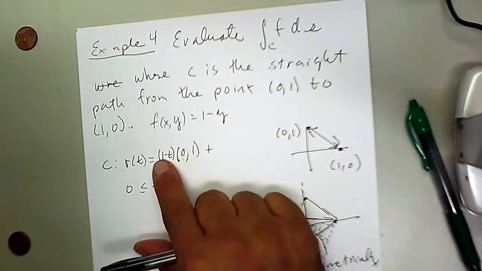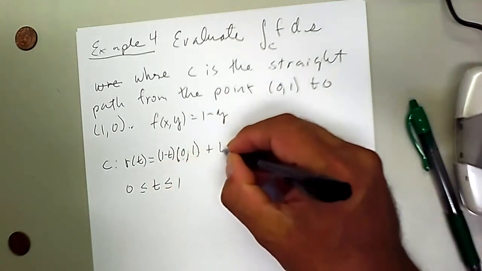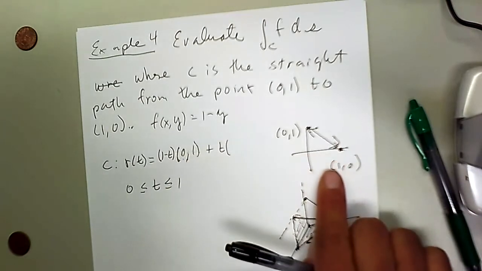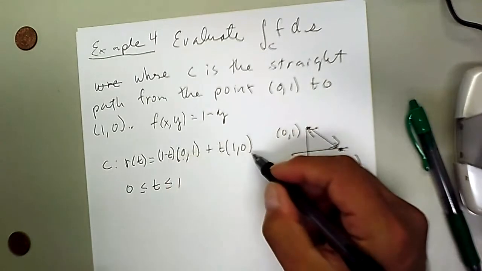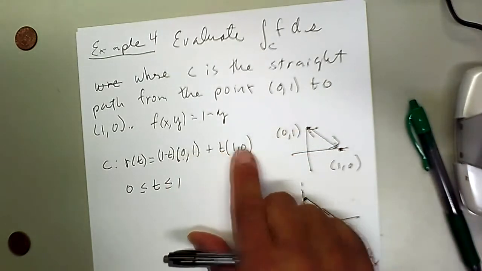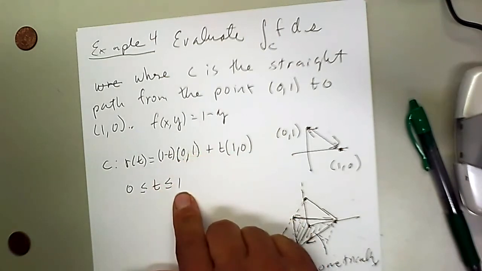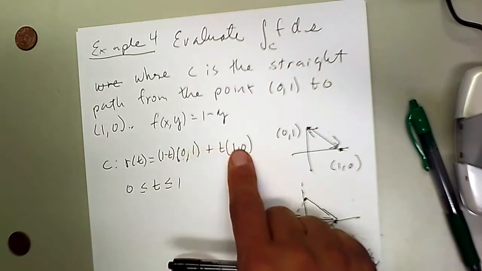When t is 0, we have all of this, a 1 of it. And when t is 0, we have nothing of the one we want to end up with. We want to end up with 1, 0. So that's how we put this equation together. Nothing of 1, 0, all of 0, 1. As t goes to 1, 1 minus 1 is going to be 0. So we have nothing of this and all of that.